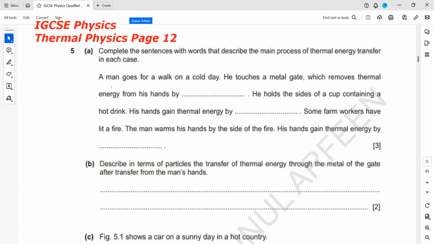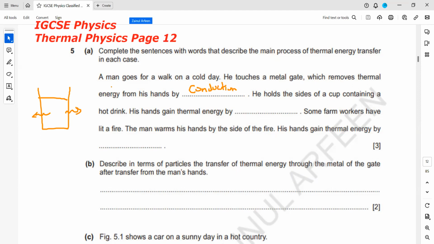Good, that's good, Rabia. That is conduction. So the first thing that will happen is conduction. He holds the sides of a cup containing a hot drink. His hand gains thermal energy by... he is holding a hot drink. How will his hand gain energy? By which method?